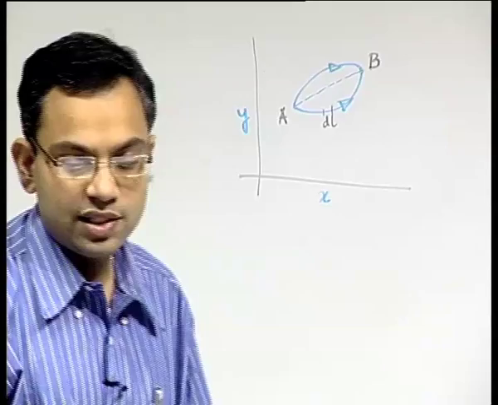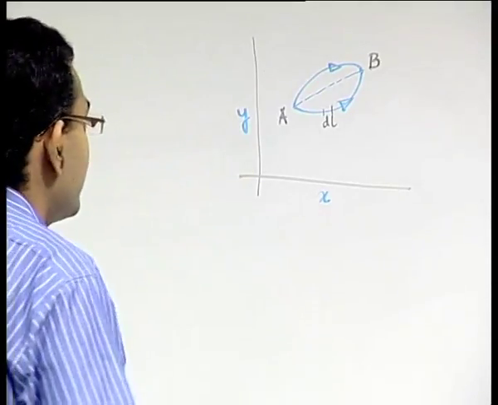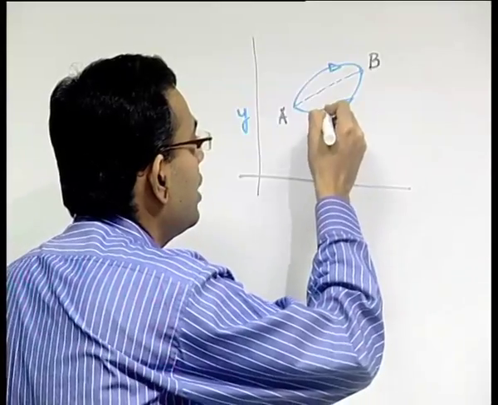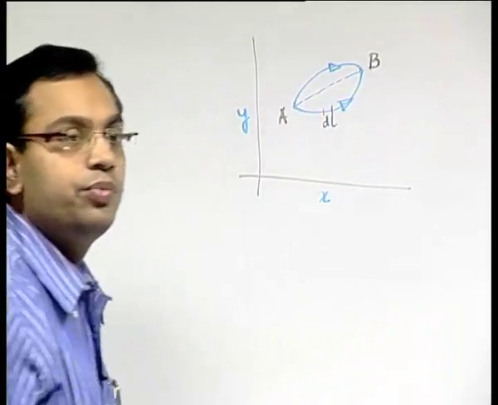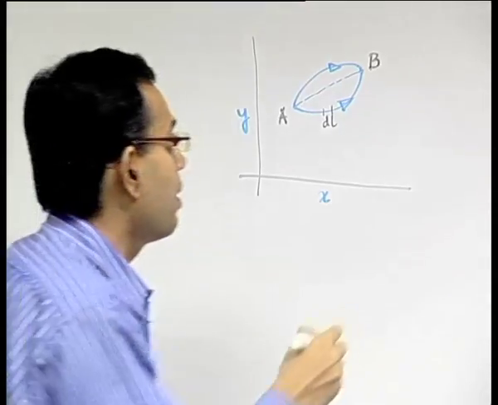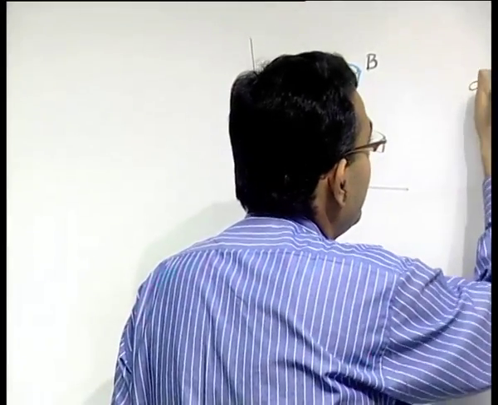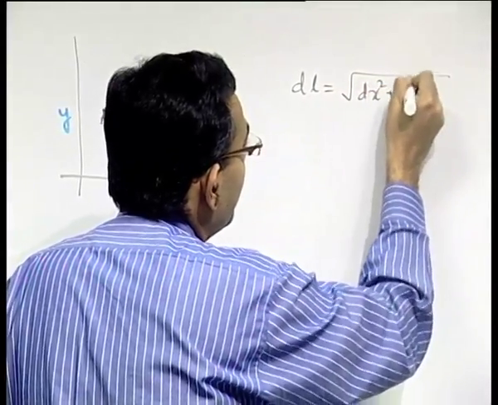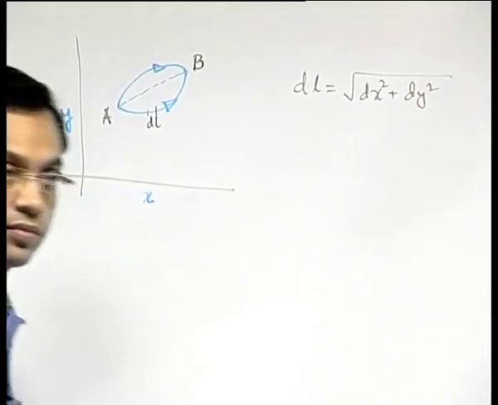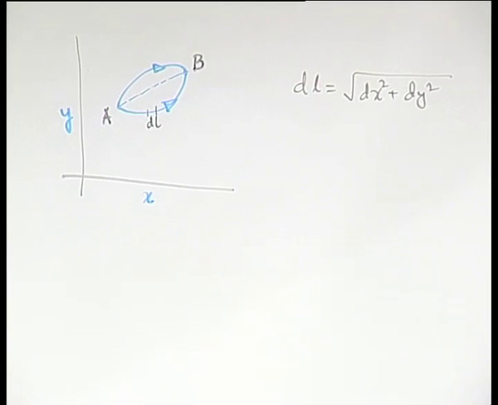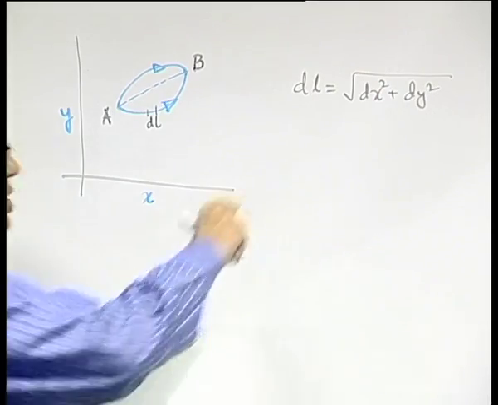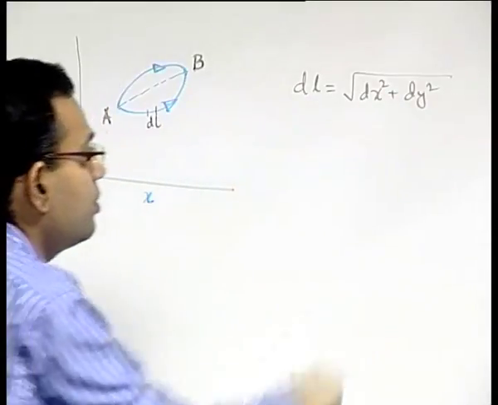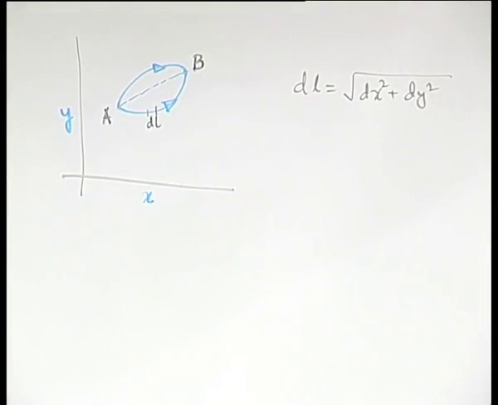Once we take this dl, we are interested to find out the integral of dl from A to B, which gives the total length. As we can write, dl is square root of dx square plus dy square, because for a very short length the curve is almost like a straight line. By the Pythagoras theorem you can write dl square as the sum of dx square and dy square.